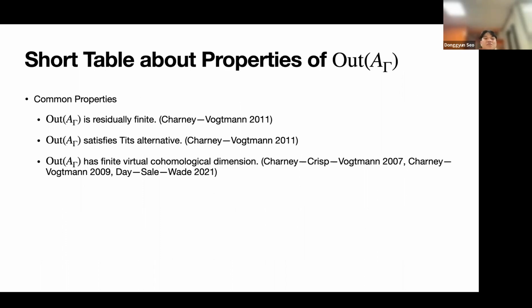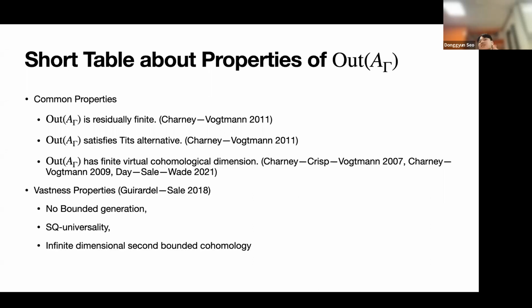That was proved by Charney and Vogtmann, and others, Day and Sale, and Crisp. But the RFN and the general linear group are very different. Actually, the RFN is acylindrically hyperbolic, but the general linear group is not, it is boundedly generated.